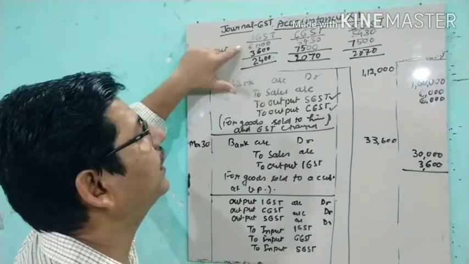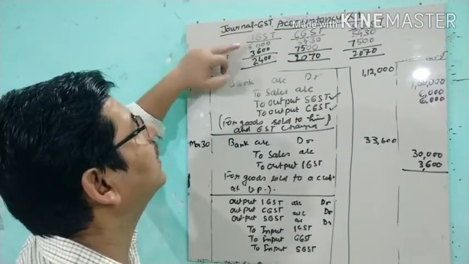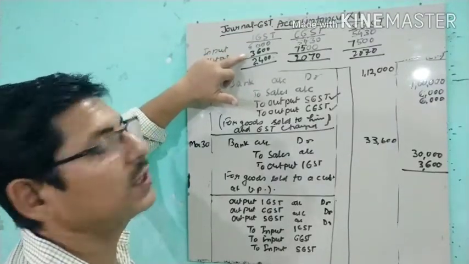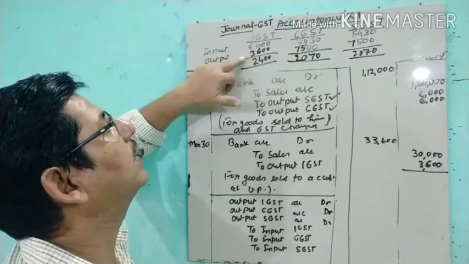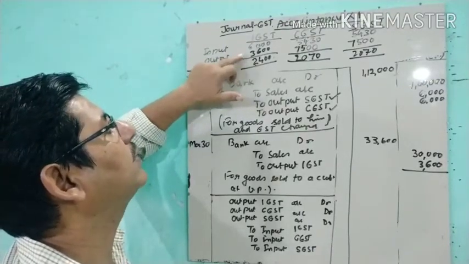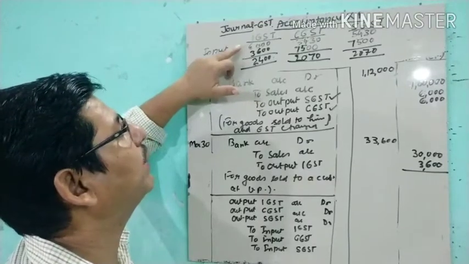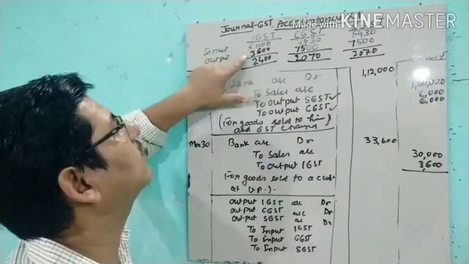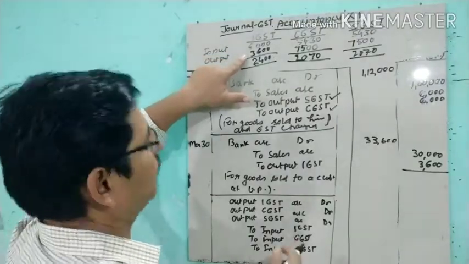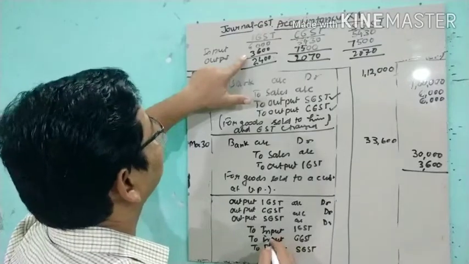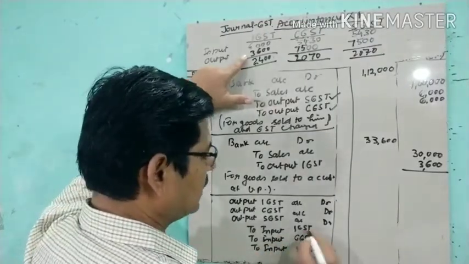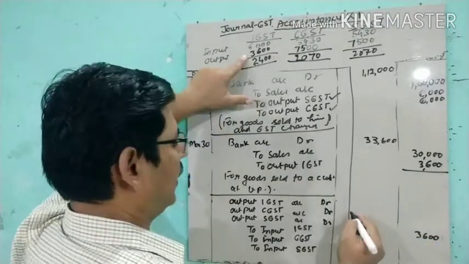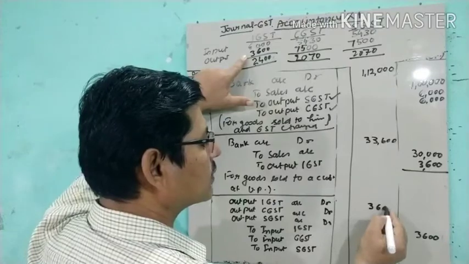While buying, we paid 6,000 IGST, but we cannot adjust more than this amount because we have received 3,600 by selling the goods. What we have received, only that much we will adjust. So 3,600 we can adjust of output IGST with input. So input IGST is 3,600 and it will be adjusted against this 3,600.